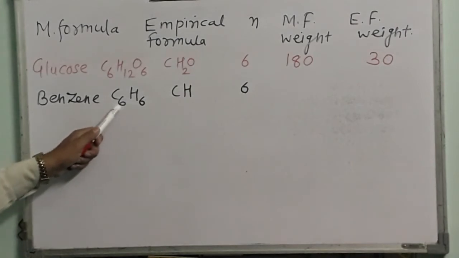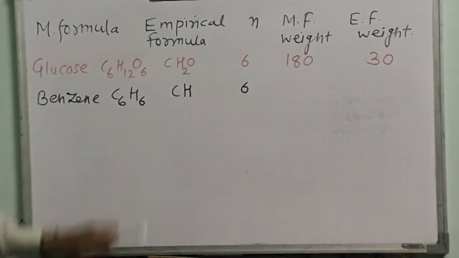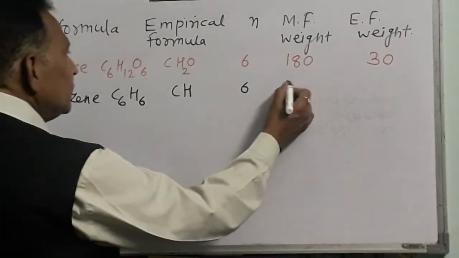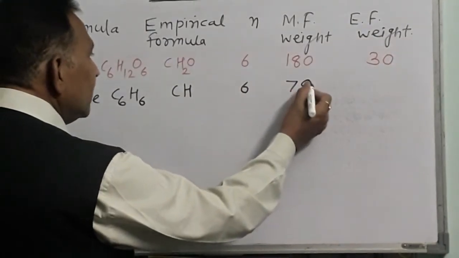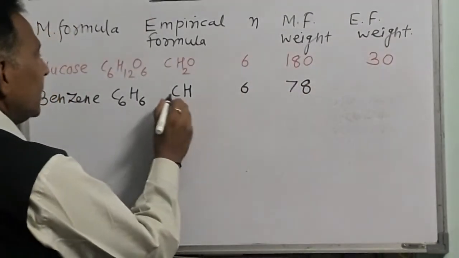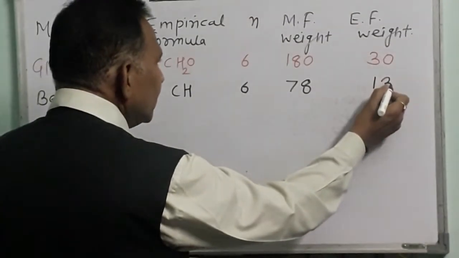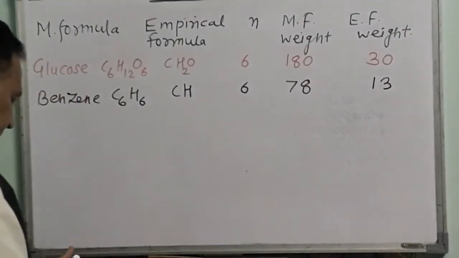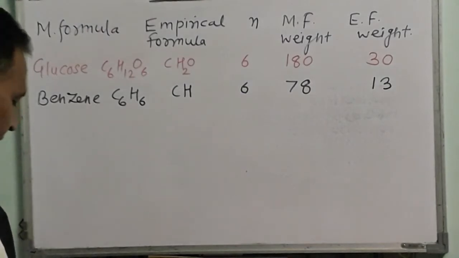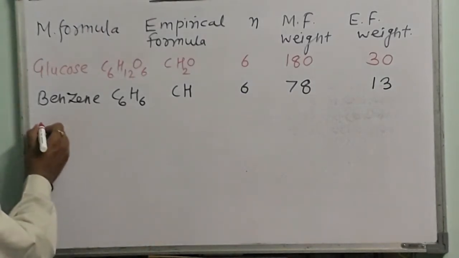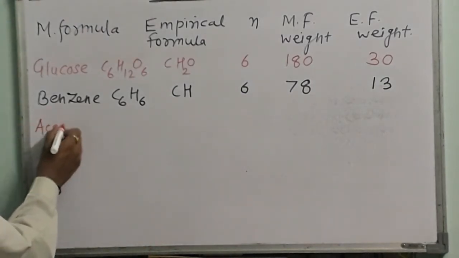Addition of these atoms with their respective numbers, and it comes to be equal to 78, and the value of empirical formula weight 12 plus 1, that is 13.